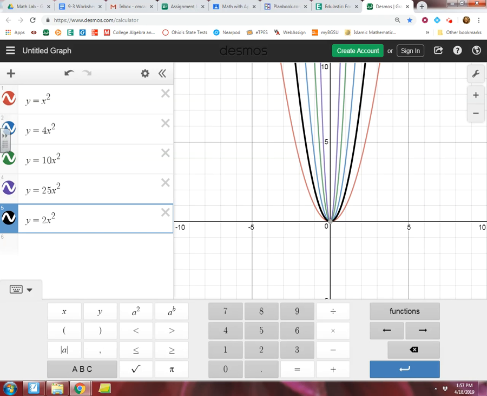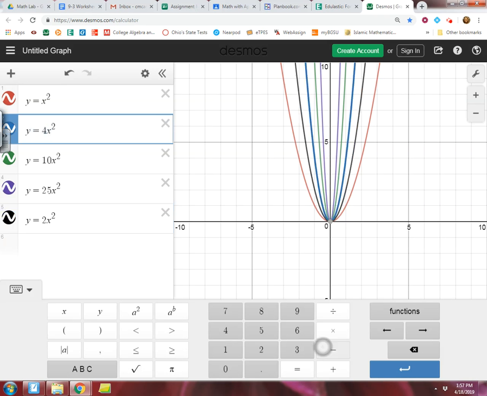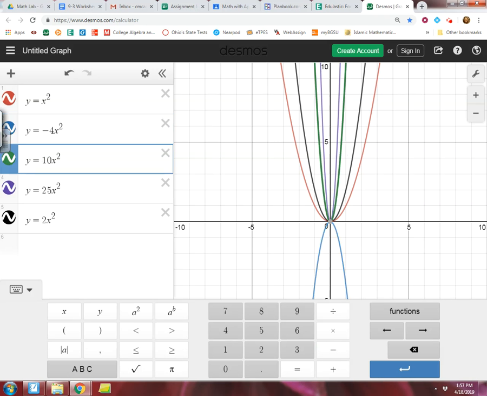You see how we can kind of... Correct. The negative just makes it upside down, but skinnier. So, for example, if I put a negative in front of here, now it's upside down and skinny. If I put a negative in front of here, upside down and skinnier at the same time. Yep. Okay, so that is making it thinner.